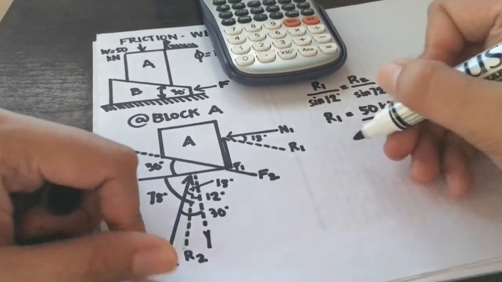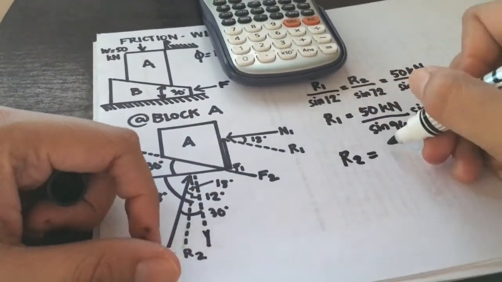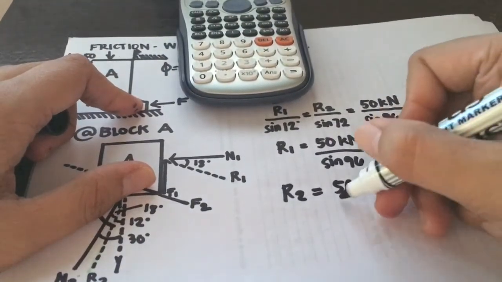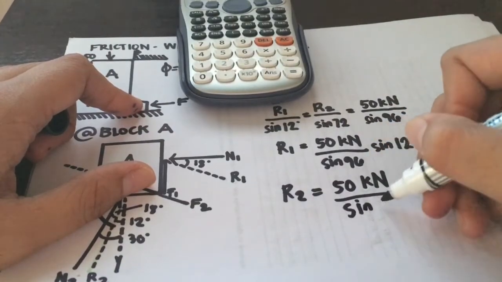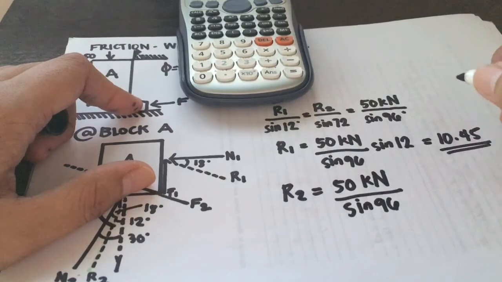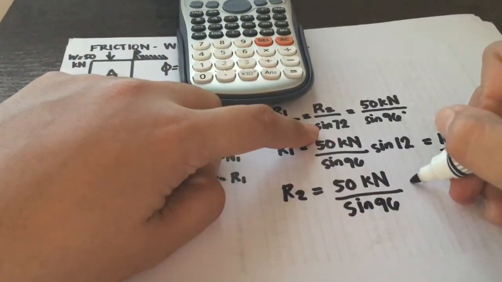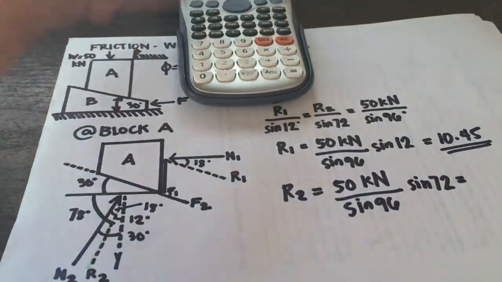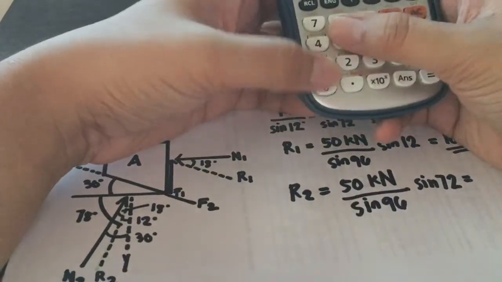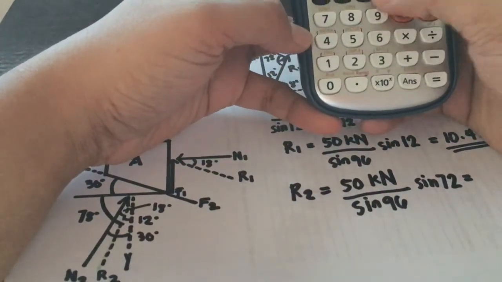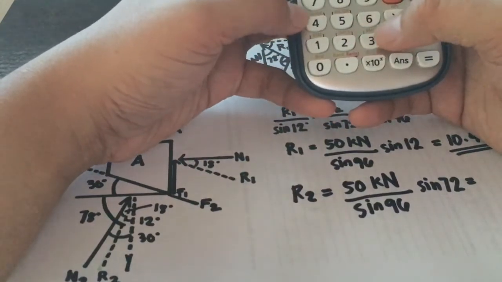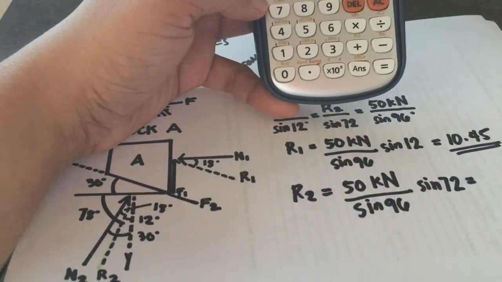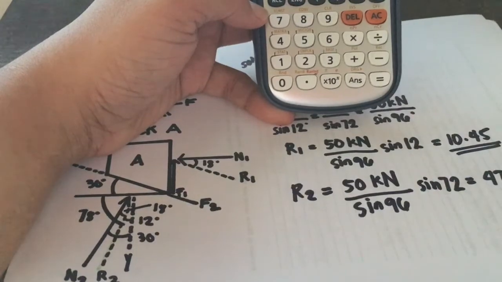And then R2 equals 50 kN over sine 96 multiplied by sine 72, and therefore we have 47.81.